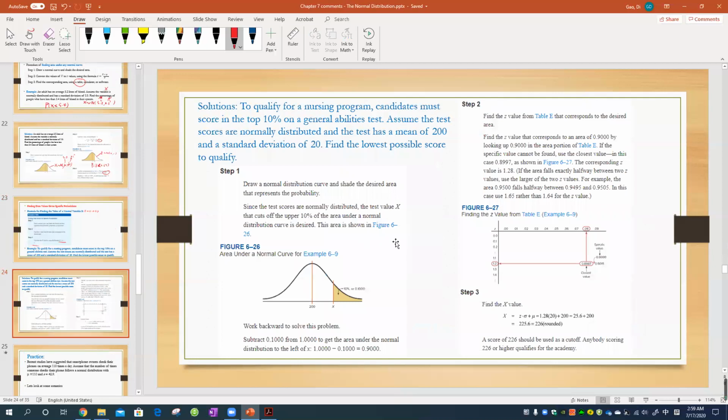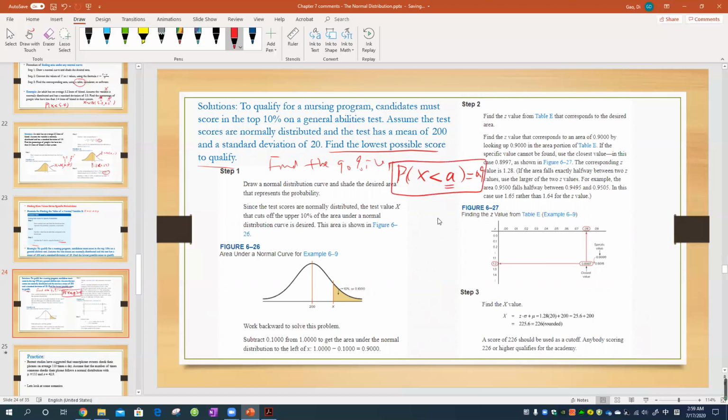Then we actually need to find the 90th percentile, that's the lowest possible value to qualify. Then we can write that we want the probability of this random variable x smaller than some number a, which is what we want to find out, equals 0.9.